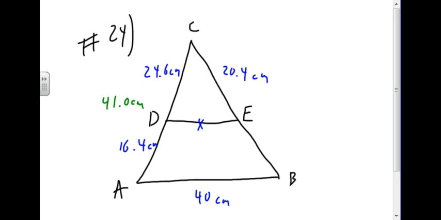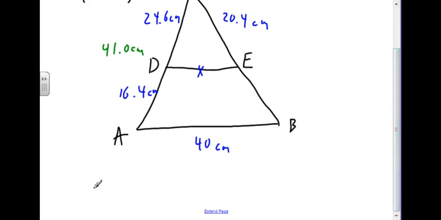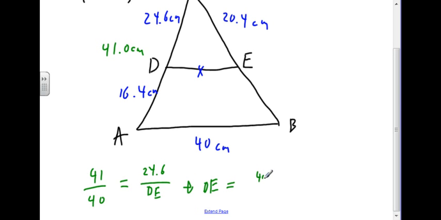So now I can say that 41 is to 40 as 24.6 is to DE. And then I can rearrange that and say DE is 40 times 24.6 divided by 41.